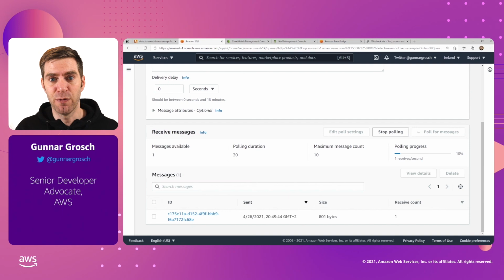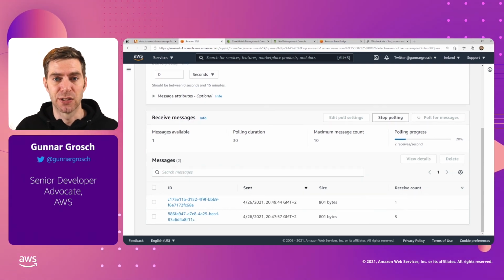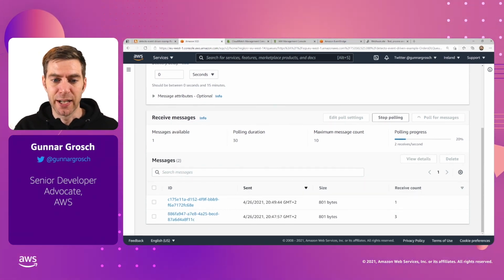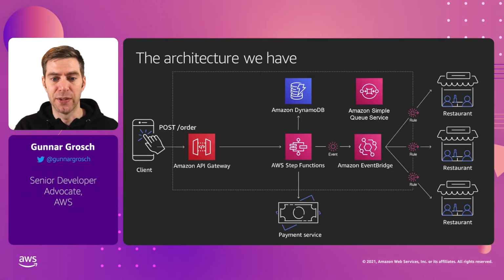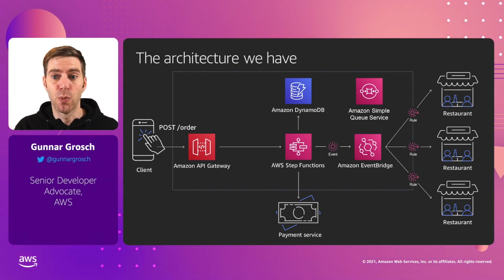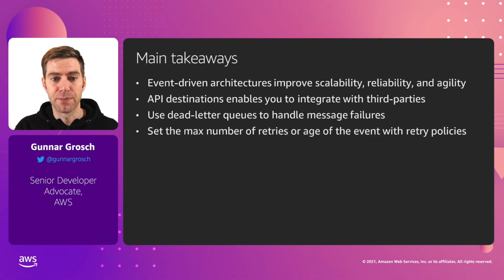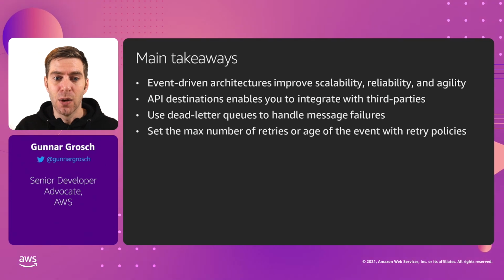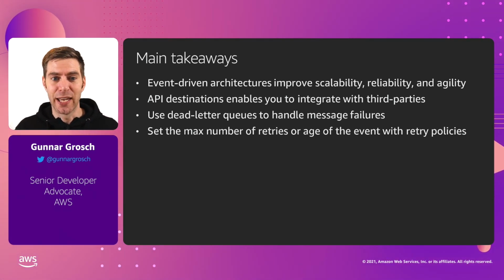We can set up a Lambda function to poll for messages and so on. Trying it again, we can see that this second message also ends up in the queue. So now we have a dead letter queue in place and it works. That's great. So we won't lose any messages. And with that then, well, that brings us to our takeaways.